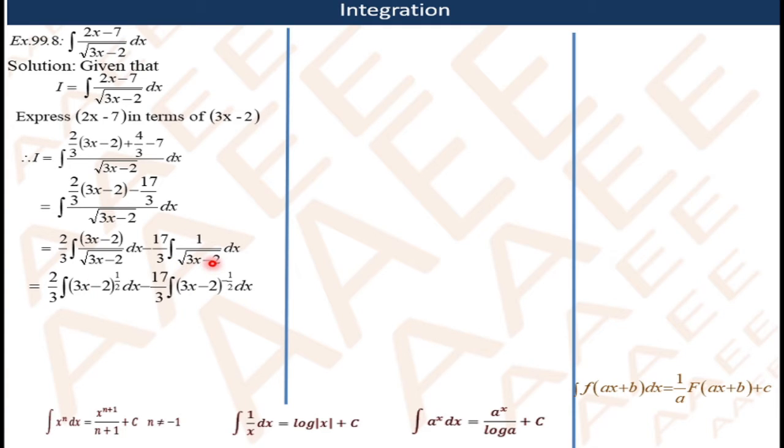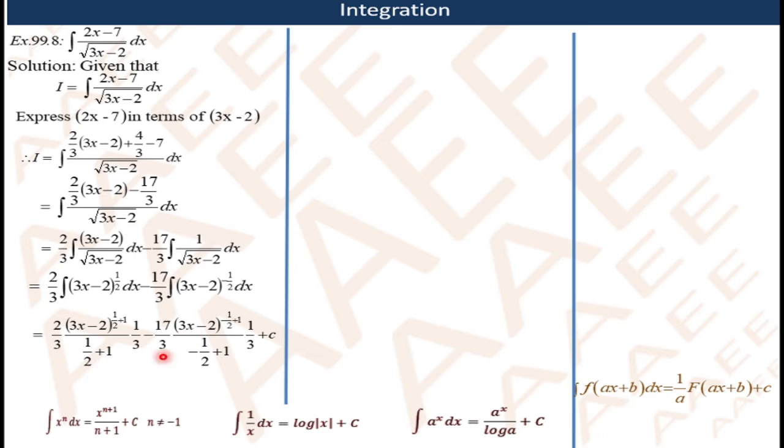Hence the given integral will be 2 by 3 integration 3x minus 2 raised to 1 by 2 dx minus 17 by 3 integration 3x minus 2 raised to minus 1 by 2 dx.